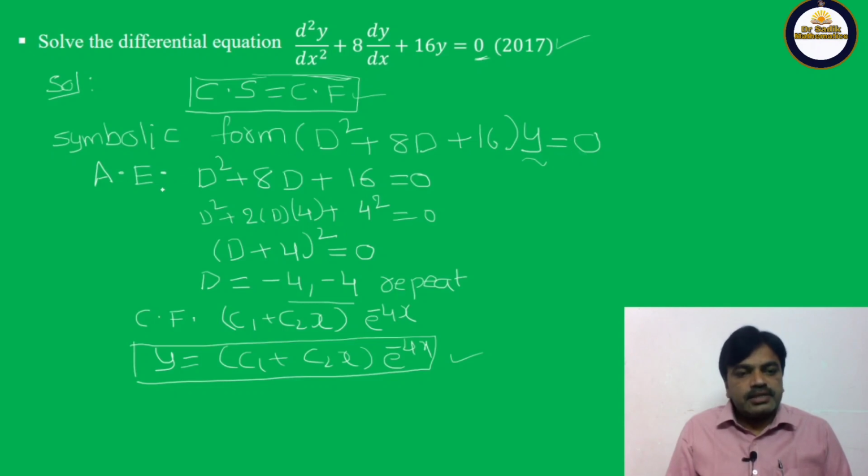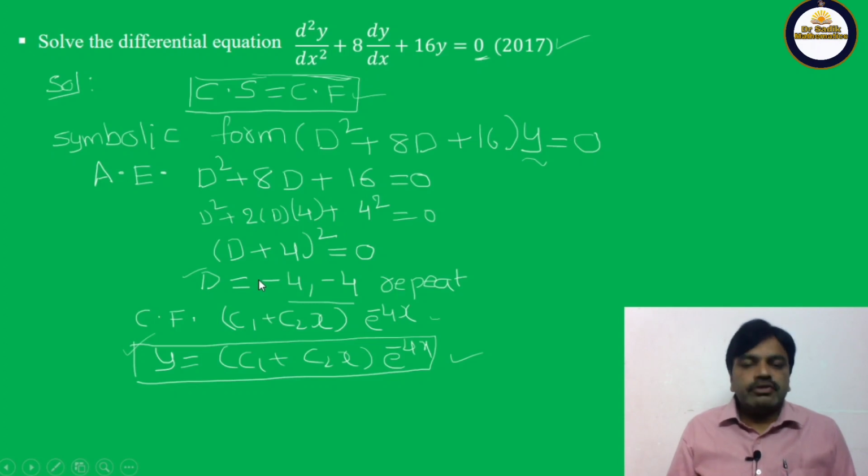The second step is the auxiliary equation: y coefficient equal to 0, so D square plus 8D plus 16 equal to 0. Find the roots: minus 4, minus 4, repeated roots. We know the formula, so applying it we get this complementary function, and finally we get the required solution of the given problem.